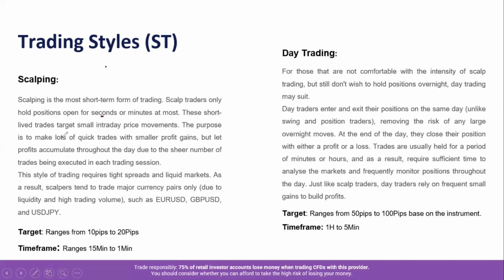The purpose is to make a lot of quick trades with smaller profit gains. That's why you see them with $5, $5, $5, and maybe 10 to 20 trades. They just want to make small profits in multiple places, so when they close, it results in a significant amount of profit.